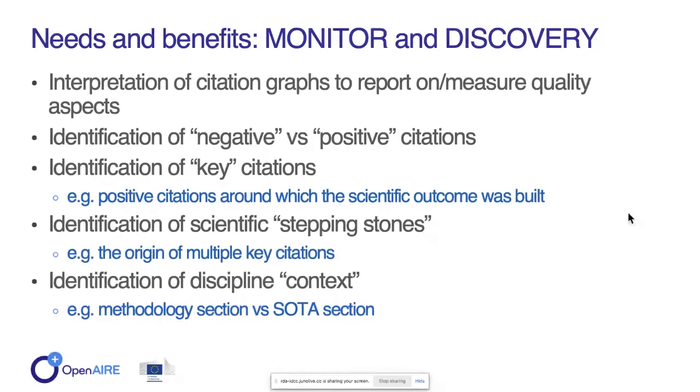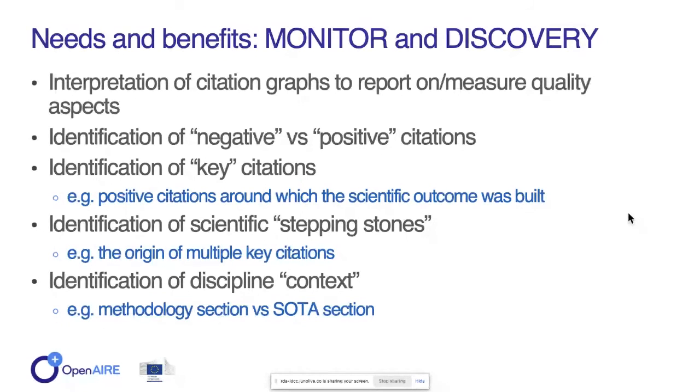Knowing the specific semantic or the specific reason of a citation is extremely important. The first obvious thing is negative versus positive citation. So the emotional aspect of a citation is key, and there's a lot of work in this context, which is not always obvious.